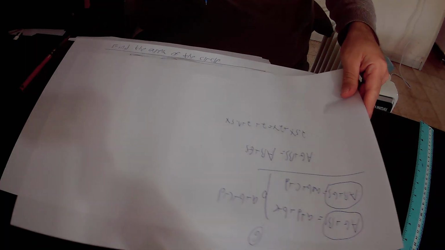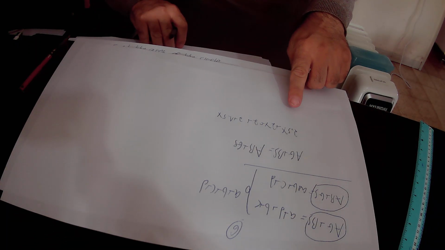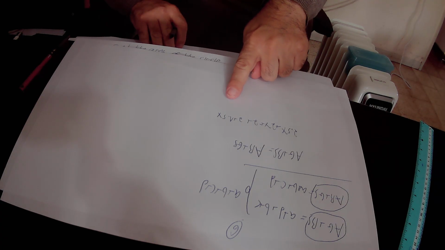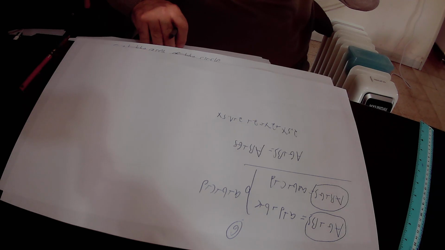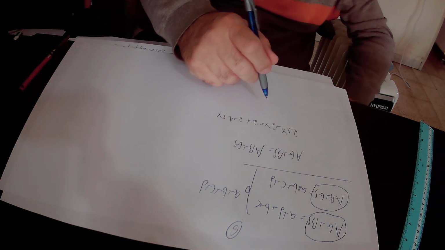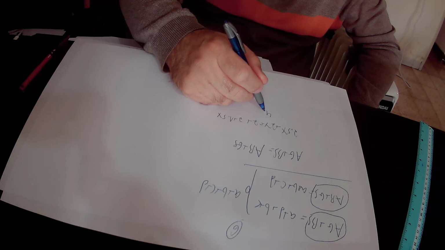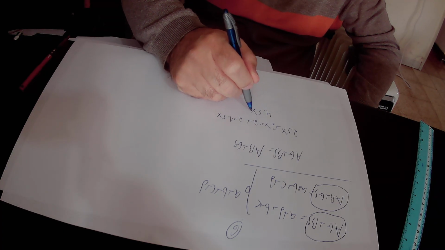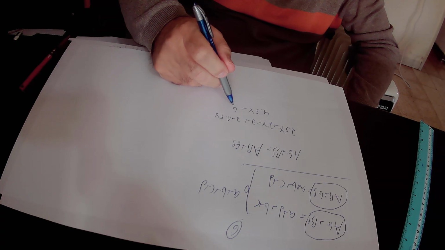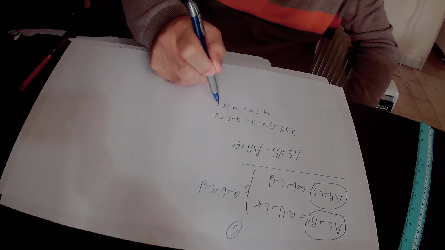In conclusion, we found out that 2.5x plus 2x equals 2 plus 2 plus 1.5x. So 2.5x plus 2x is equal to 4.5x, and it equals 2 plus 2, which is 4, plus 1.5x.